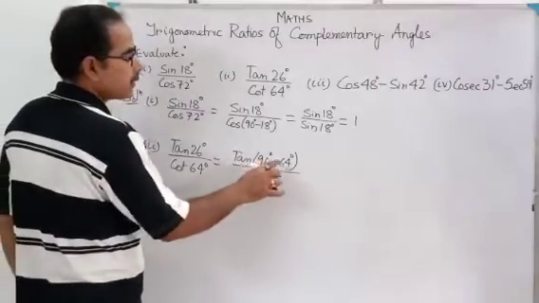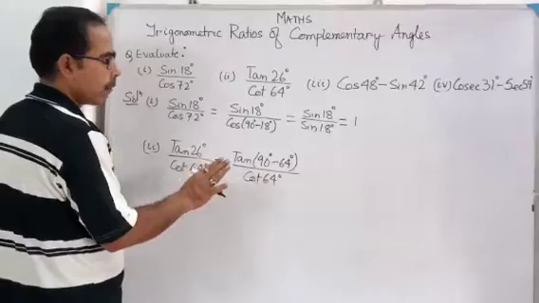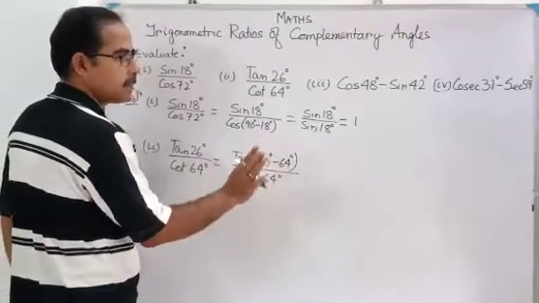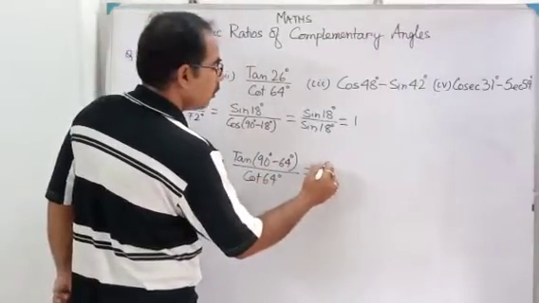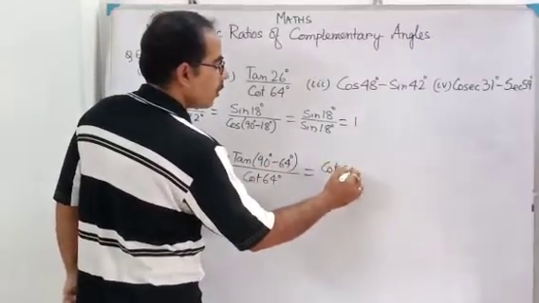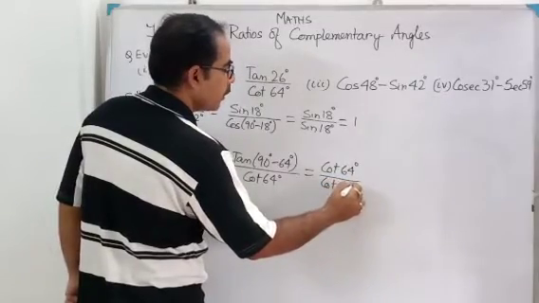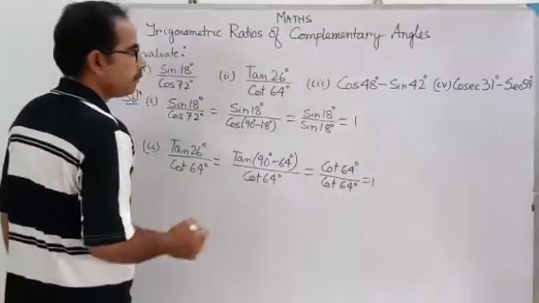So tan 90 minus theta, because 90 minus 64 degree is equal to 26 degree, no problem. Now tan 90 minus theta means what? Just now we have done, cot theta. So theta is here 64 degree, cot 64 degree, and in the denominator already it is there cot 64 degree. So the value is also 1 here.